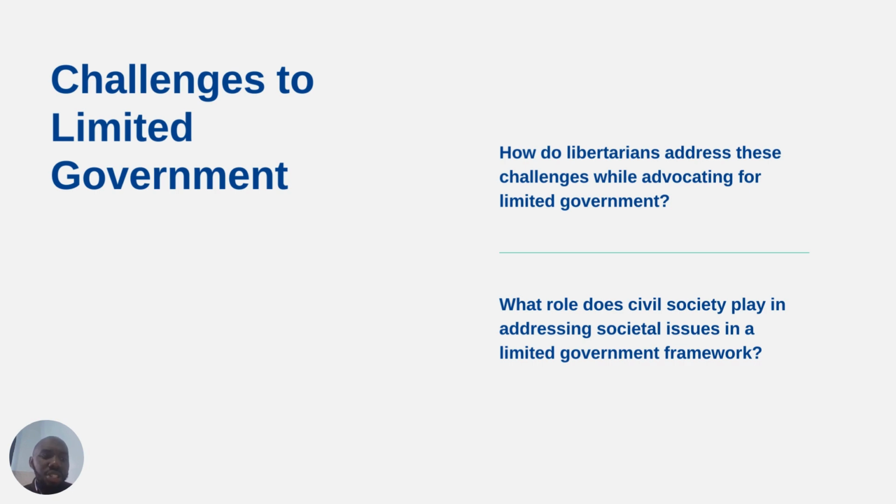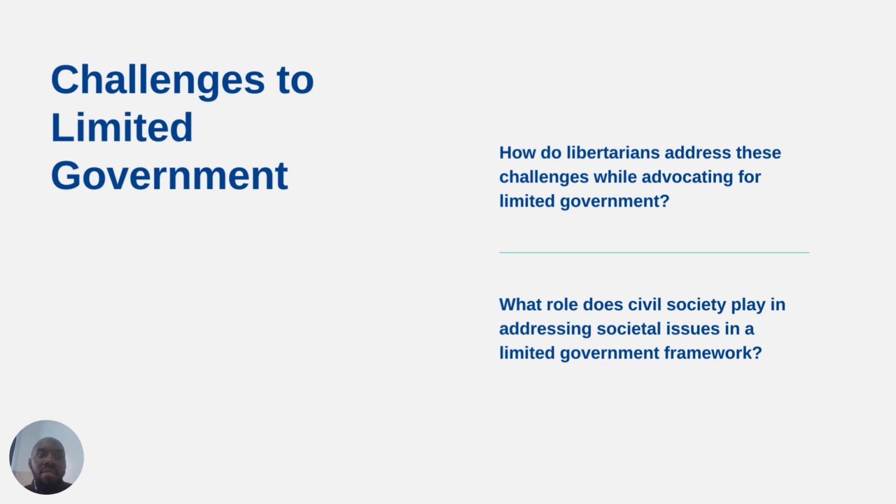And another challenge to limited government is generally just the risk of political instability and authoritarianism. And without strong institutions and a robust rule of law, limited government can become a facade for unchecked power and tyranny.